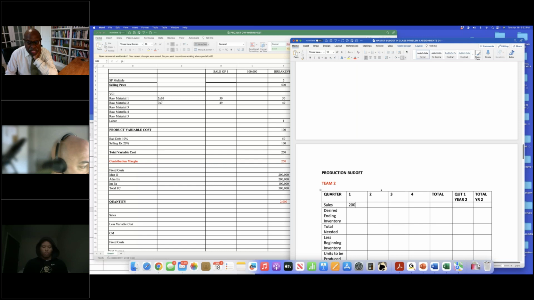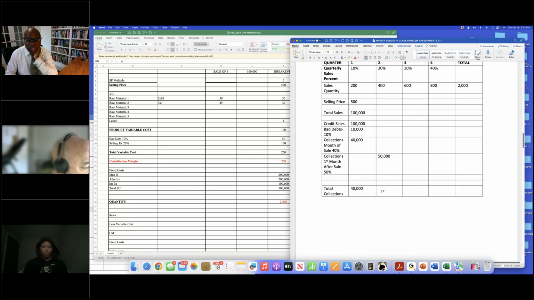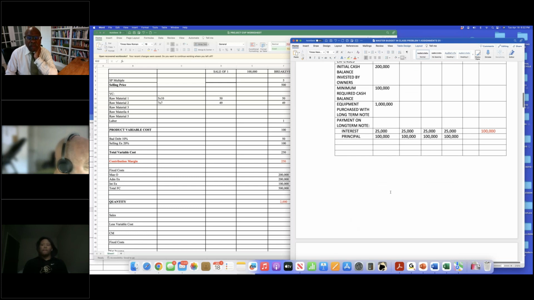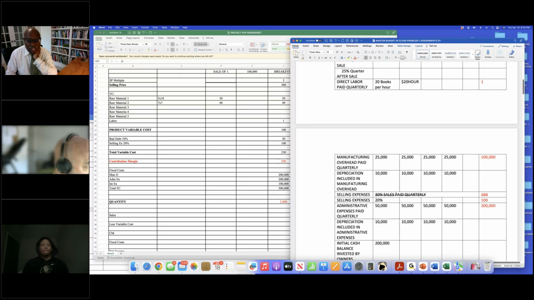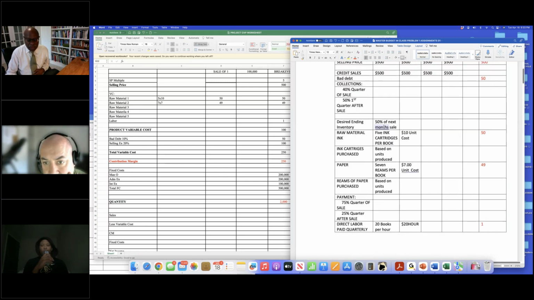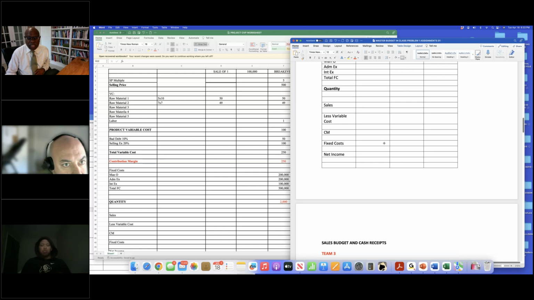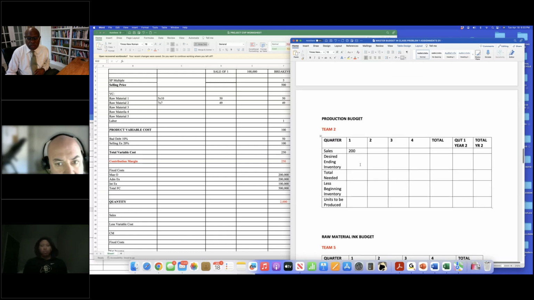And what the assumptions say is that we want 50% of the next month's sales already produced. So in the first quarter, we not only have to do sales, that 200, but we look up here, it's 400 in the second quarter.